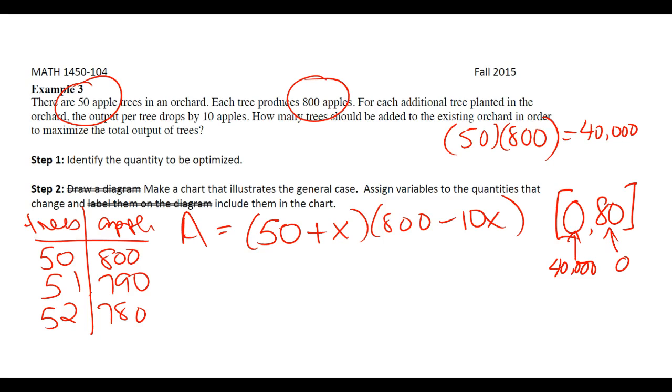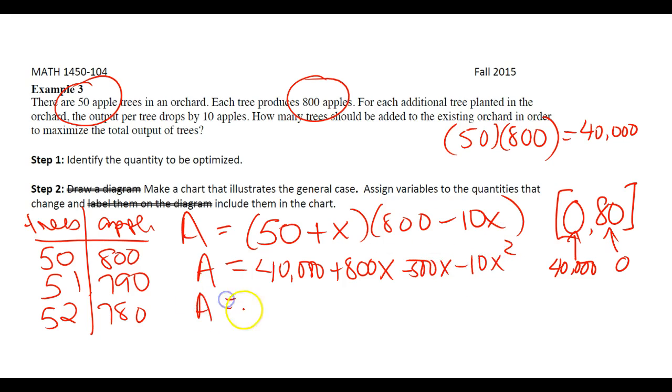What we want to do next is find the critical point. So let's multiply this out. So apples equals 40,000 plus 800x minus 500x minus 10x squared. If we simplify it, it's 40,000 plus 300x minus 10x squared.